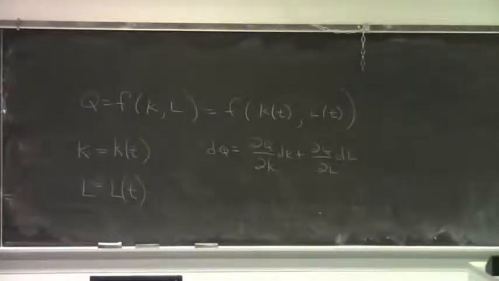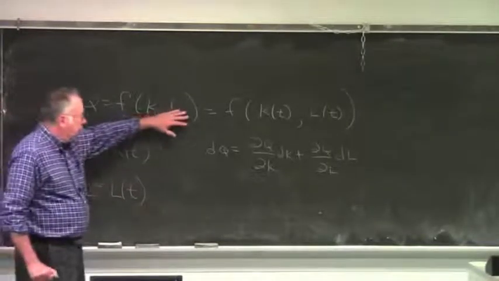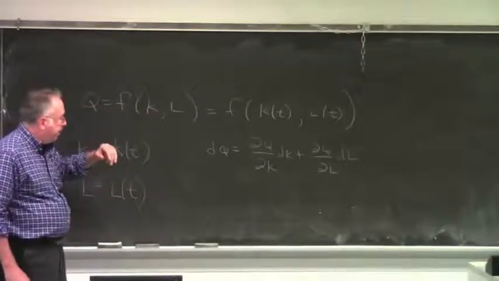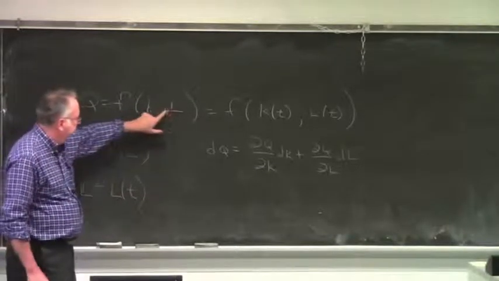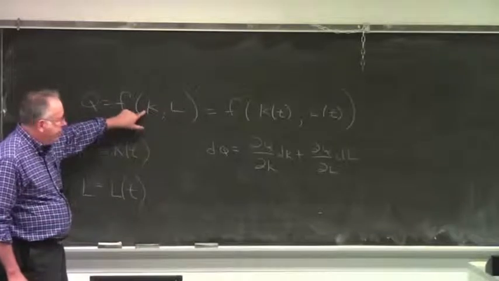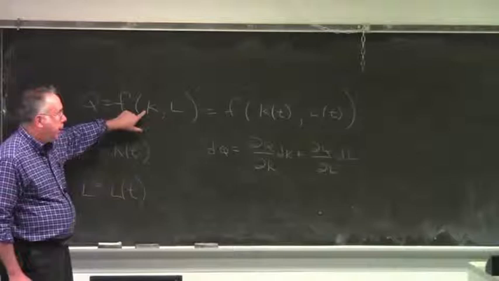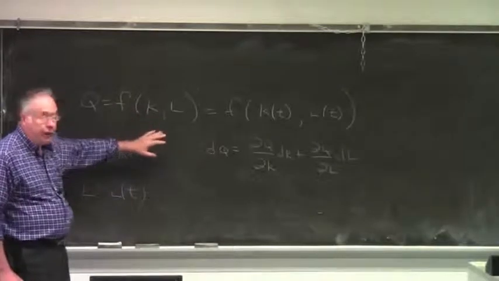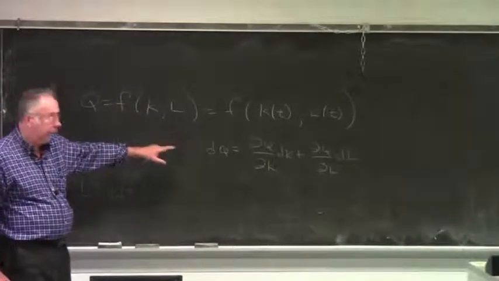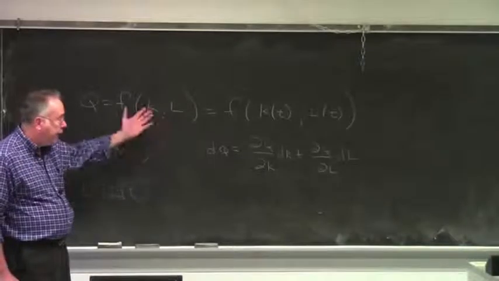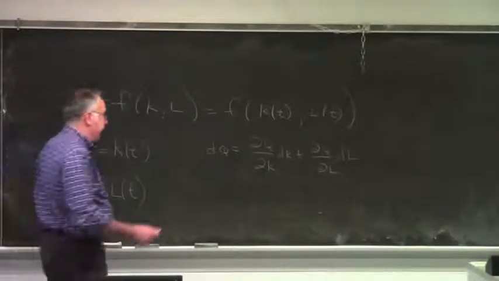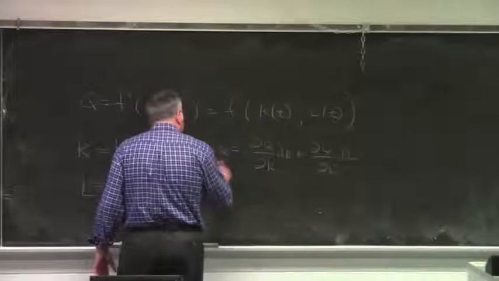Notice Q is a function of K and L. In this case, Diana, notice t doesn't appear in the F function. So in this case, there'll be just two indirect effects of time on output. So in order to get dQ/dt, all we have to do is very simply divide both sides of this expression by dt.